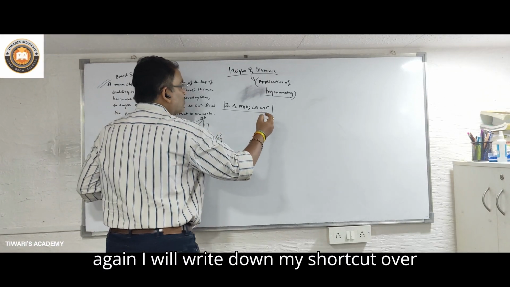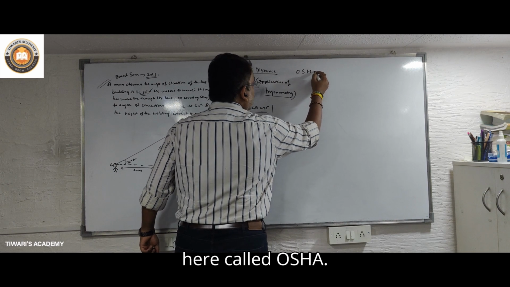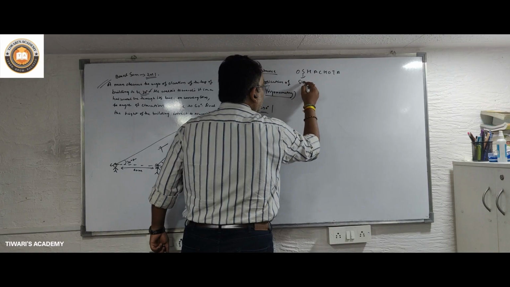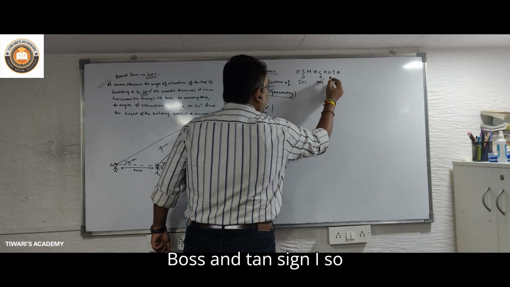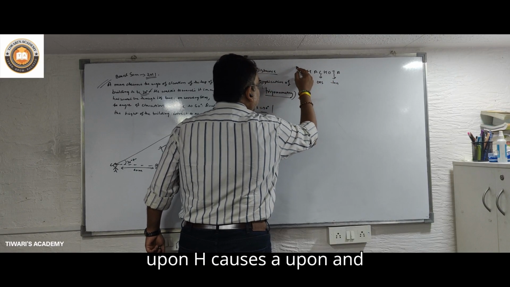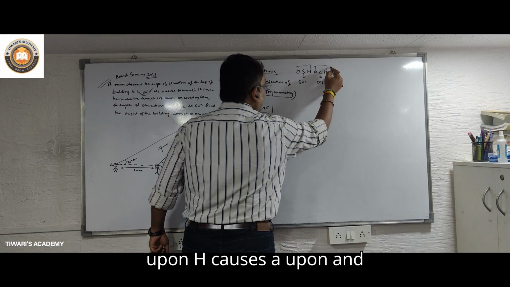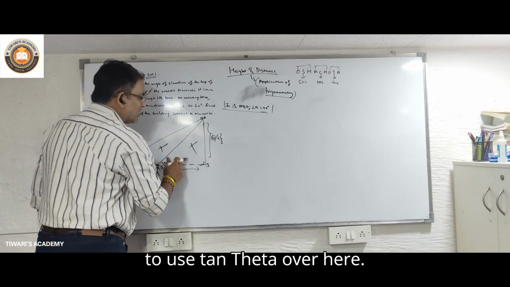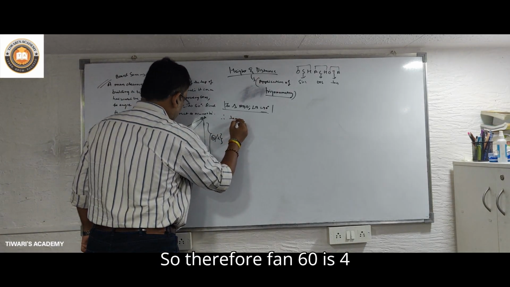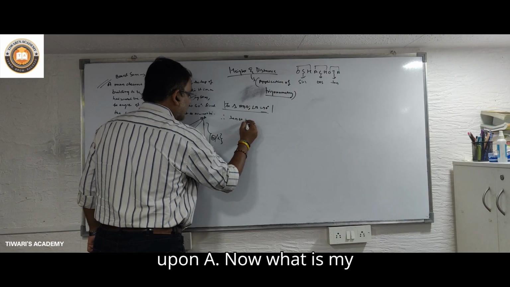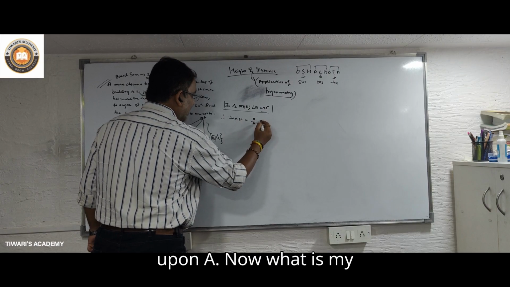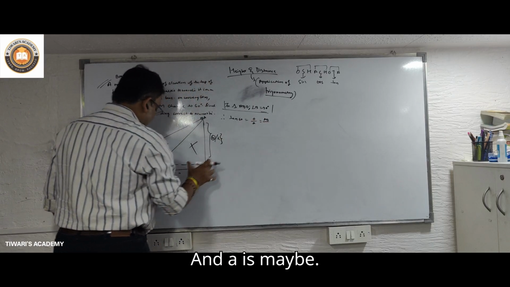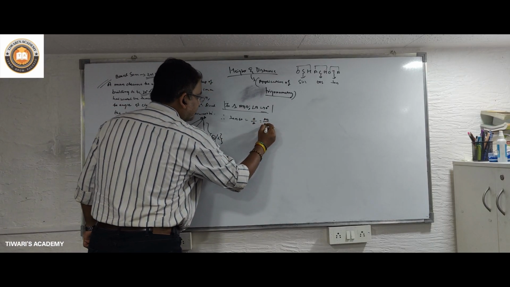Yes, again I will write down my shortcut, OSHA: sin is O upon H, cos is A upon H, and tan is O upon A. So I am going to use tan theta here. Therefore tan 60 is O upon A, where O is AB and A is BD.